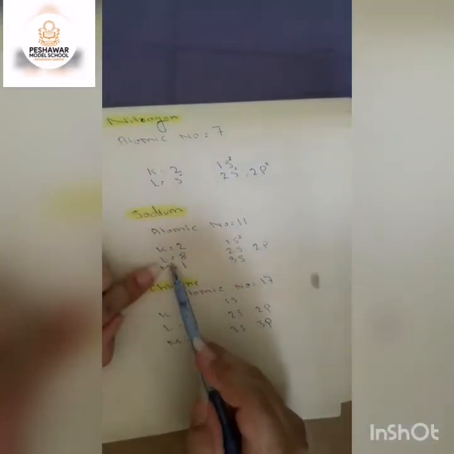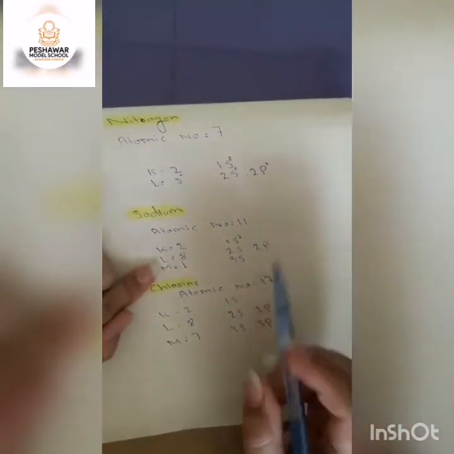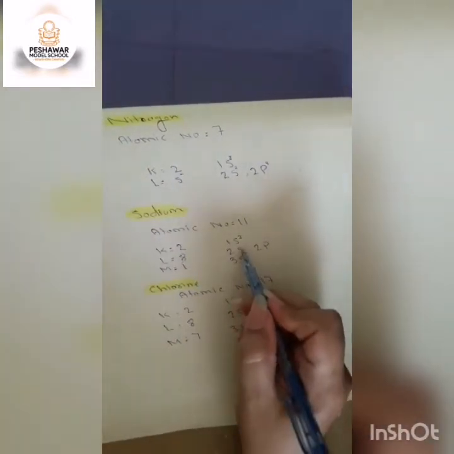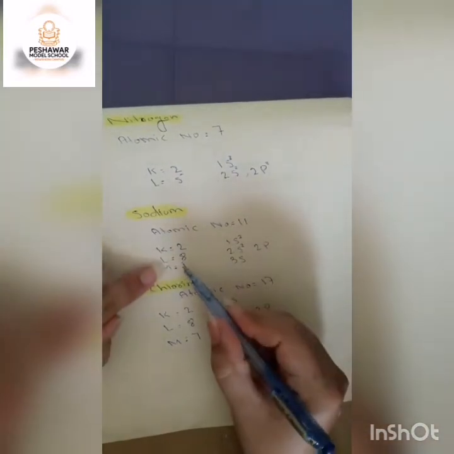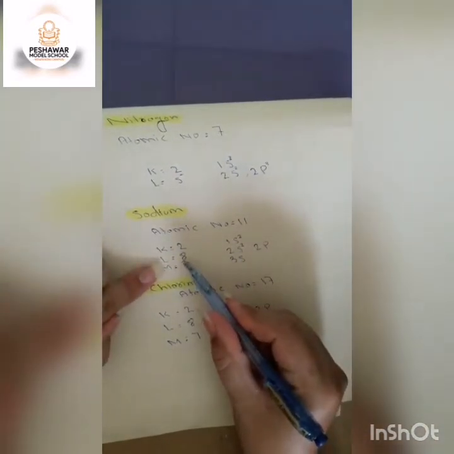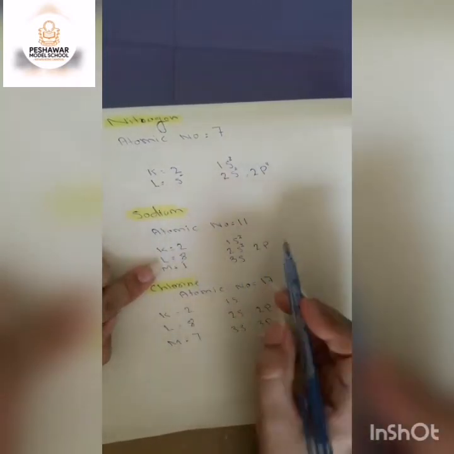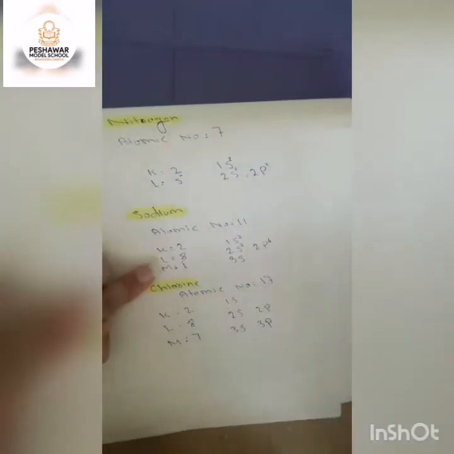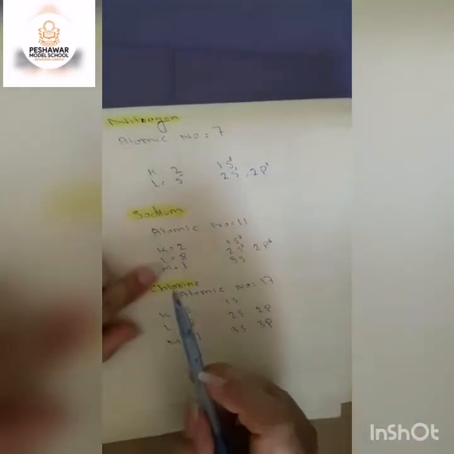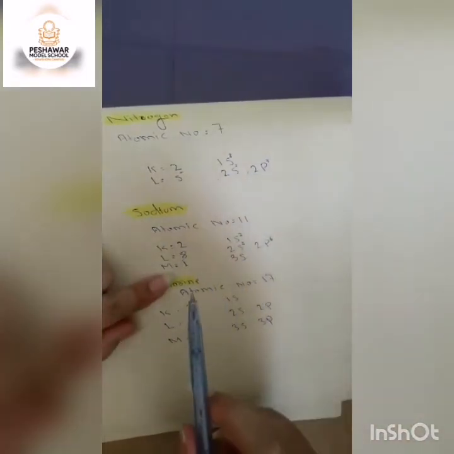Now the L shell has 8 electrons in total. The first 2 electrons will move toward the 2s. The maximum capacity of s is 2. Now how many electrons do we have left in the second shell? 6 electrons are left in the second shell, and the maximum capacity of p is 6. It will accommodate a maximum of 6 electrons. Now this is the arrangement of only 10 electrons. 1 electron is left.